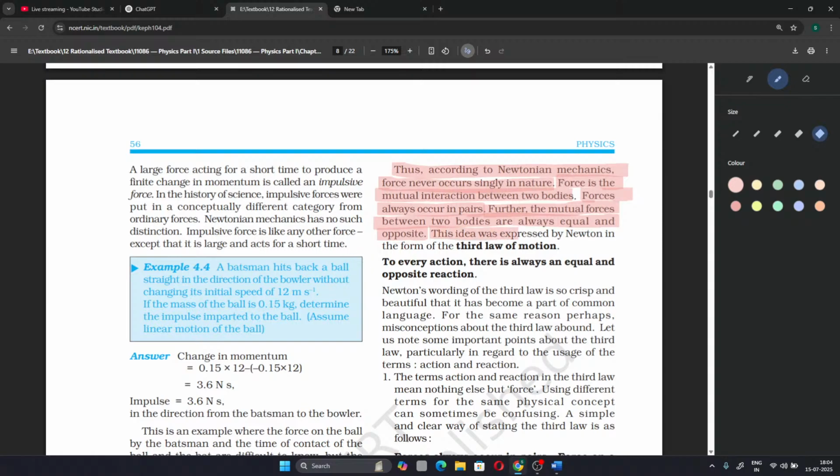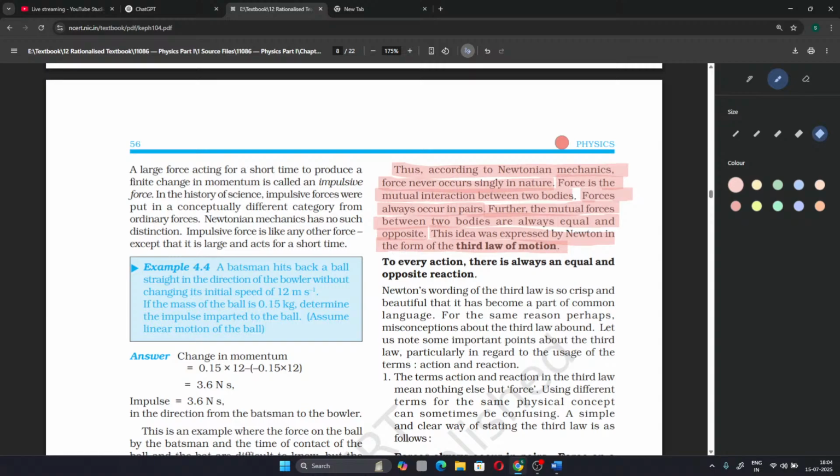This idea was expressed by Newton in the form of the third law of motion. Let's read this paragraph, which seems to be important. According to Newtonian mechanics, forces never occur singly in nature. Force is a mutual interaction between two or more bodies, or basically only two bodies here.